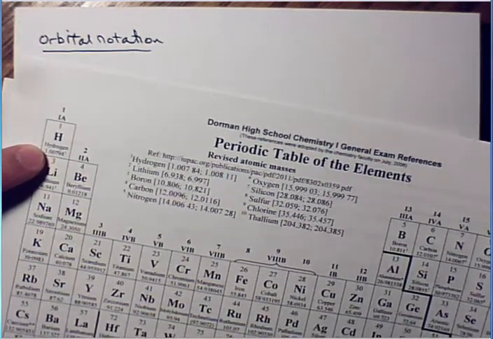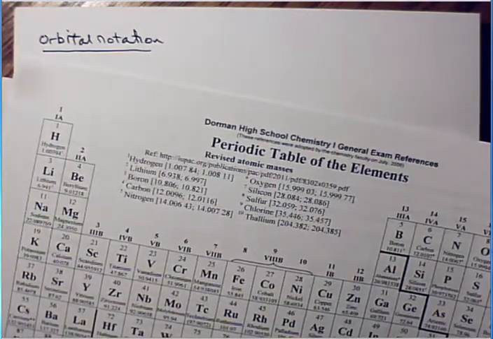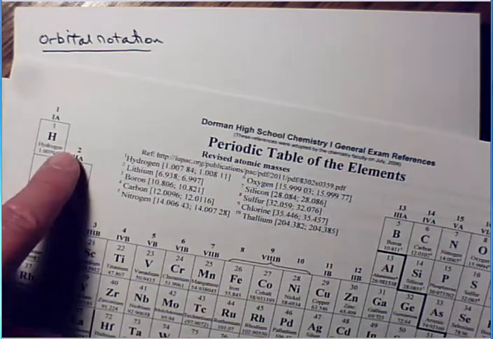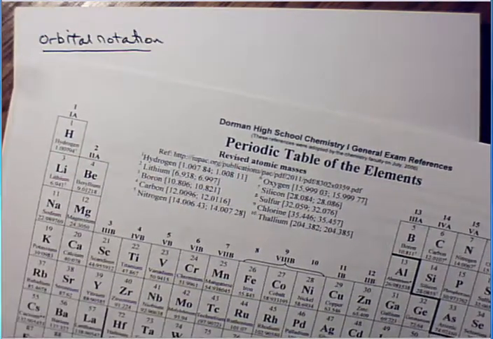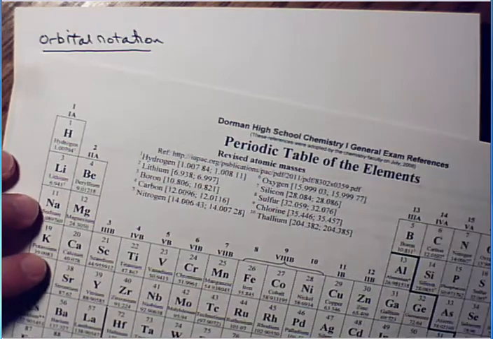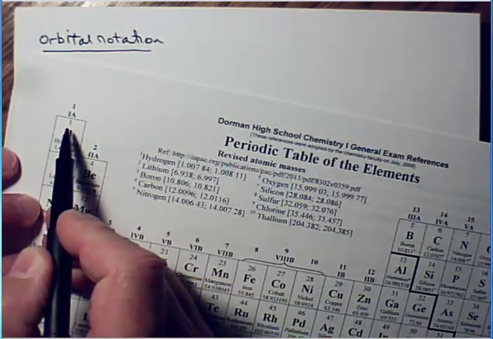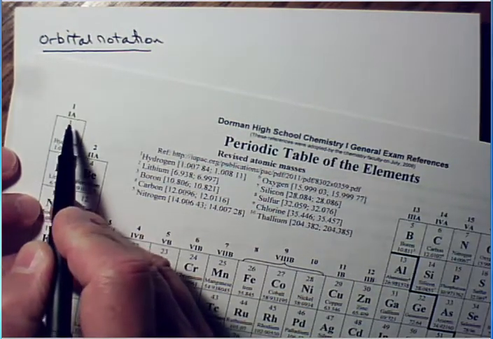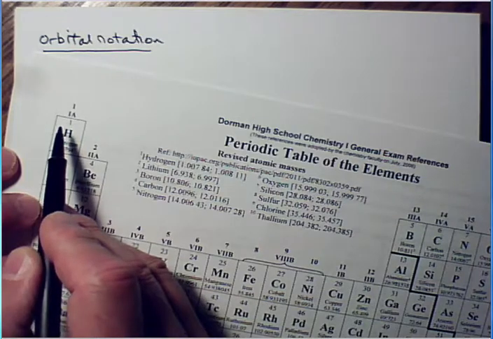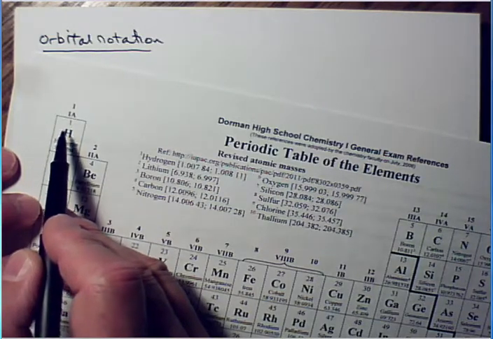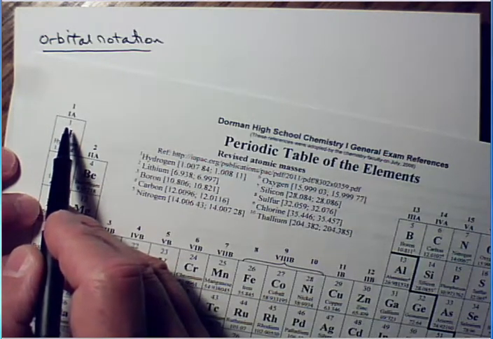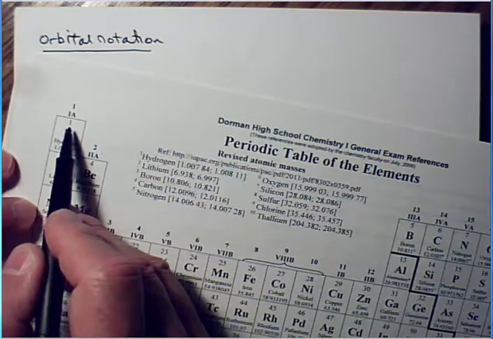So none of the electrons have been so excited they moved to a different orbital or a different energy level, but they're all in their ground, lowest energy state. And so hydrogen, since it has one proton, that's what the atomic number tells you, there's one proton in a hydrogen atom, not in a hydrogen ion, and so there's only one electron in a hydrogen atom.